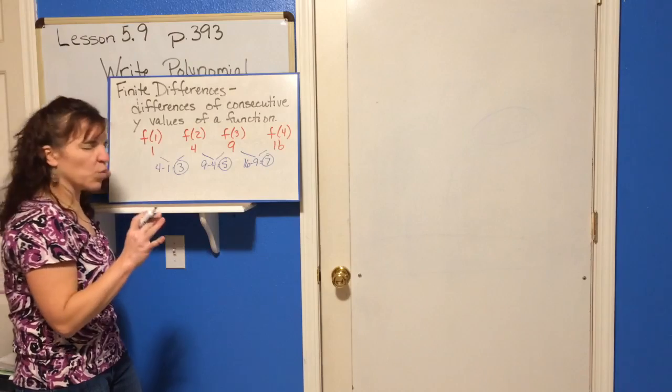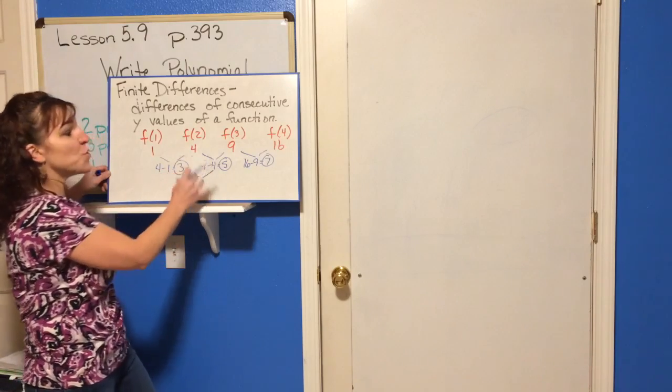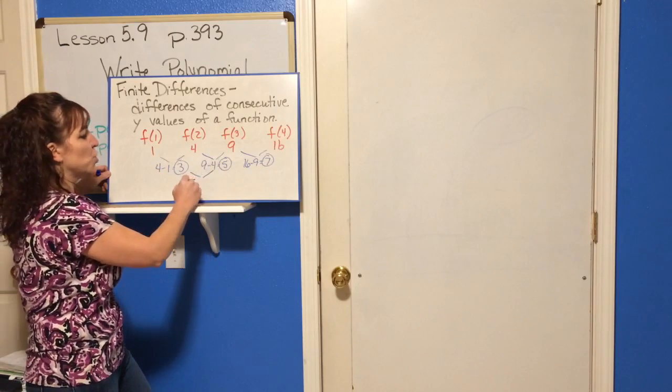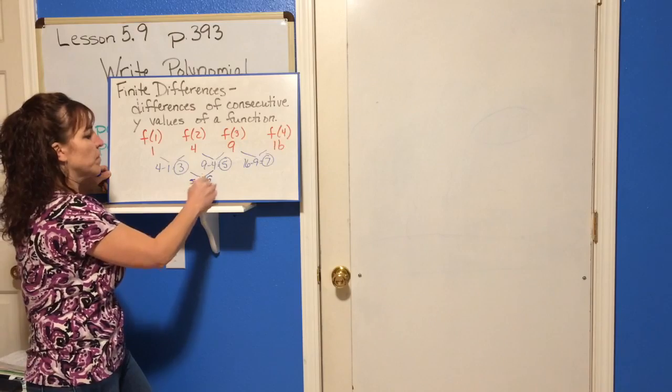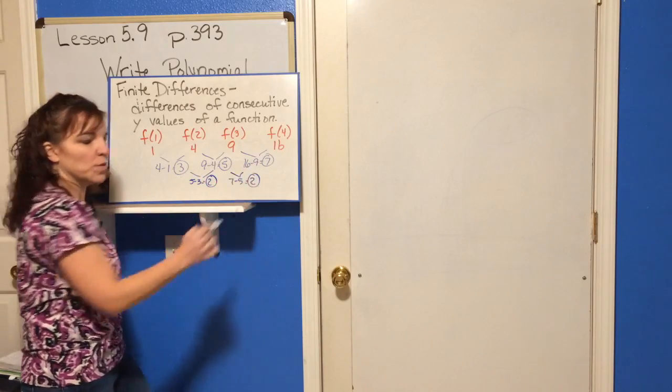Okay? And you're saying, what on earth are you doing? Stick with me. Hang on just a minute. Do that again. 5 minus 3 is 2. 7 minus 5 now is also 2.